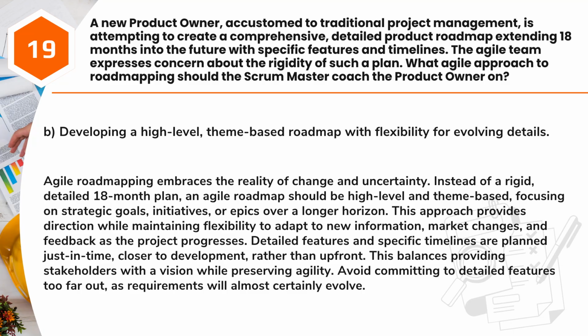This approach provides direction while maintaining flexibility to adapt to new information, market changes, and feedback as the project progresses. Detailed features and specific timelines are planned just in time, closer to development, rather than upfront. This balances providing stakeholders with a vision while preserving agility. Avoid committing to detailed features too far out, as requirements will almost certainly evolve.